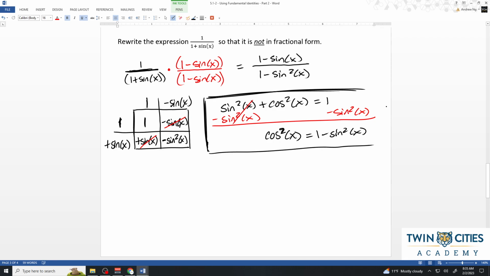So I can use this Pythagorean identity that I've manipulated a little bit to find that this denominator is really going to be cosine squared. So I've got 1 minus sine of x over cosine squared of x.